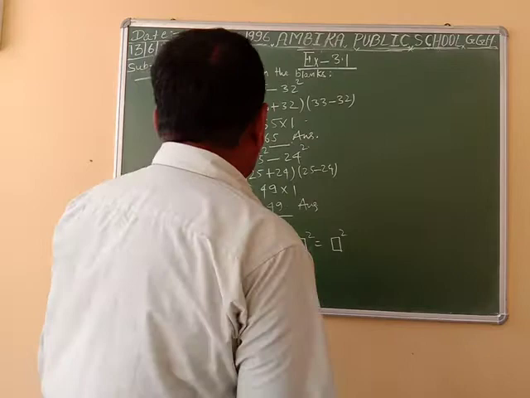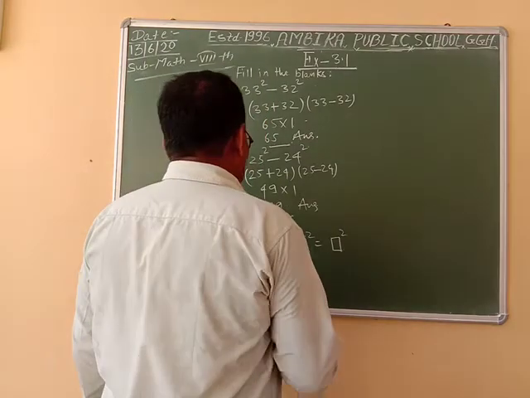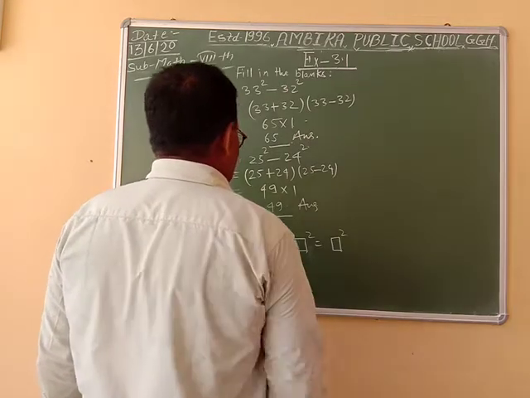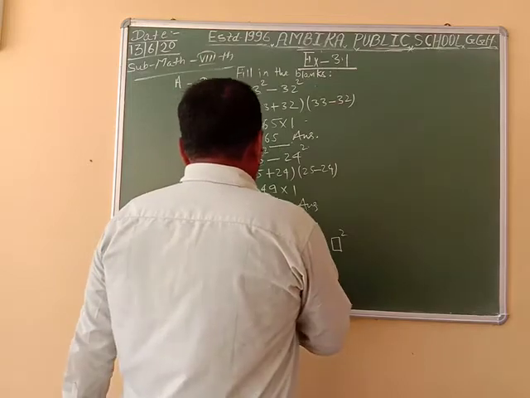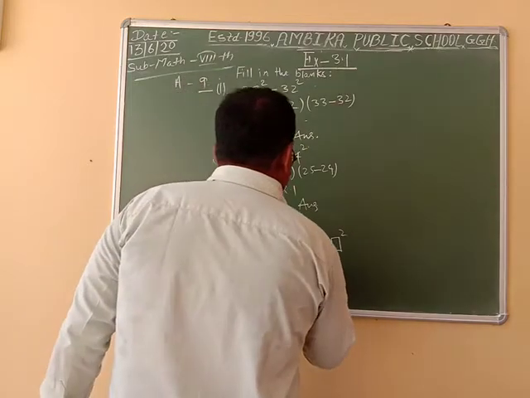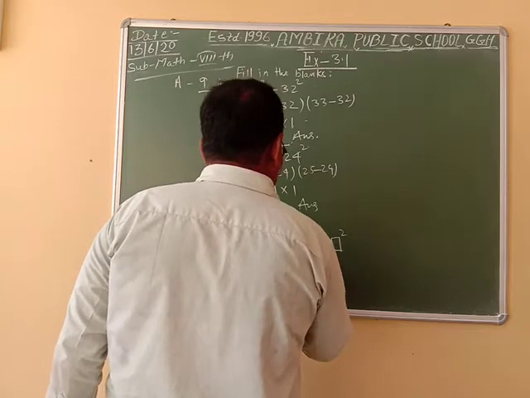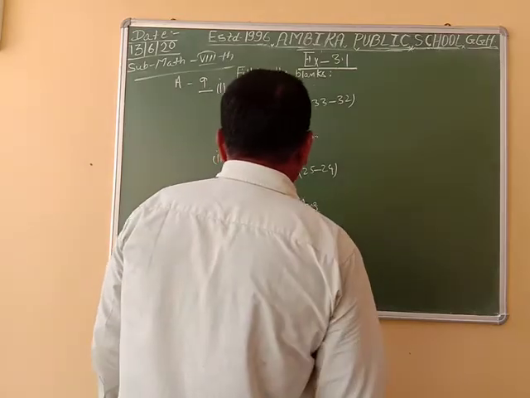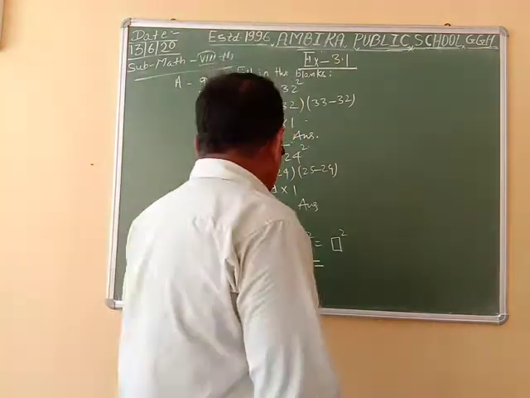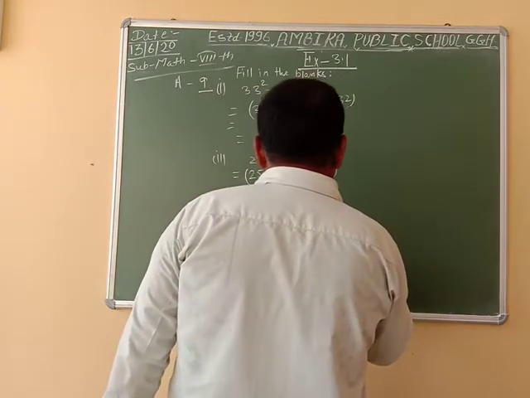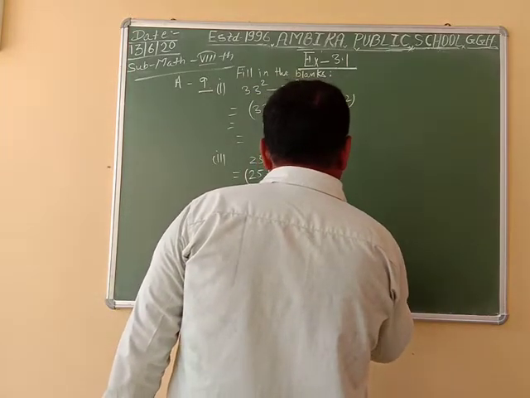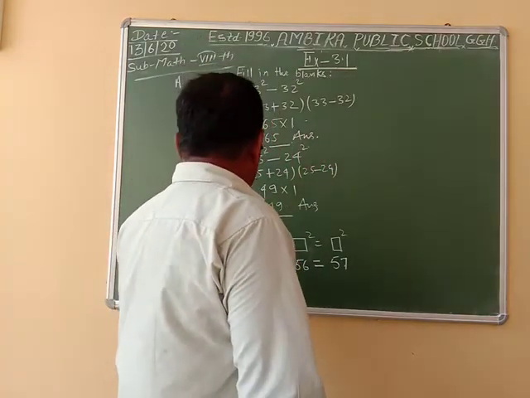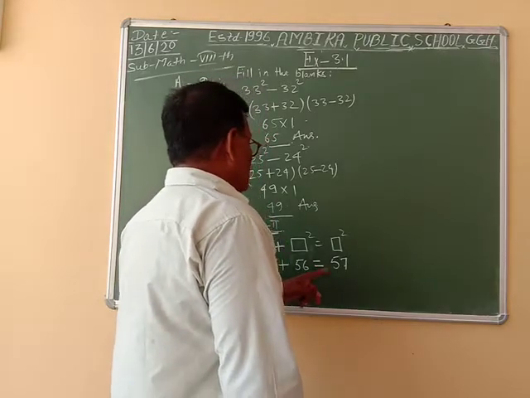1156, which is equal to 7 square plus 8 square plus, in the blank, 7 into 8 is equal to 56. 56 plus 1 is equal to 57, so the answer is 57 square.